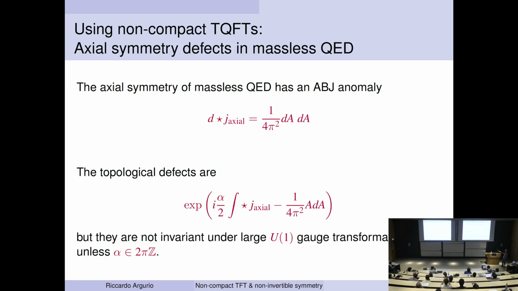But famously, A, of course, is the gauge field of QED, which is compact. So this Chern-Simons term is invariant under large gauge transformations only if the overall coefficient, the Chern-Simons level, is an integer, which means that alpha has to be a 2 pi rotation, so trivial.